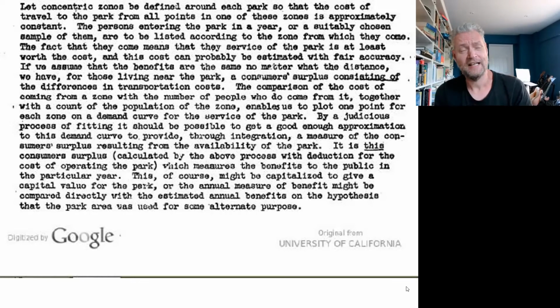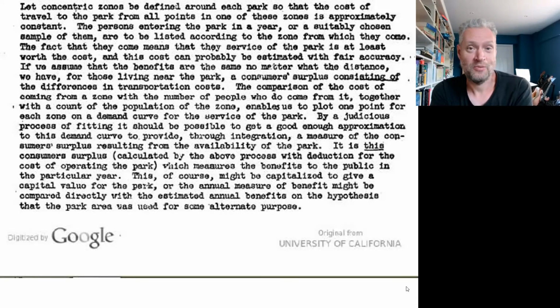So the basic idea here is that you can use the time and money that people spend to get to a particular place as a way of an entry cost. And the suggestion here is that if that entry cost is low, that is, if you live near a park, then you will visit it often.